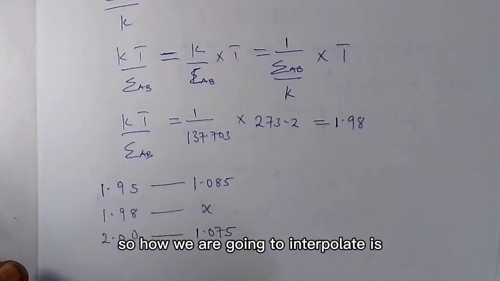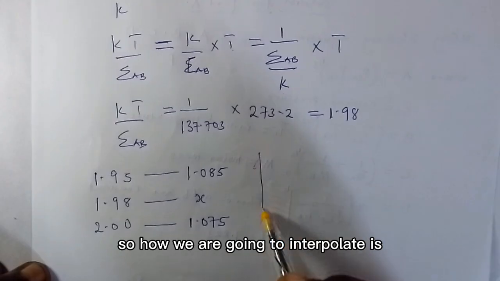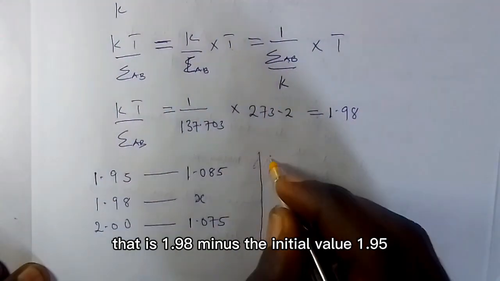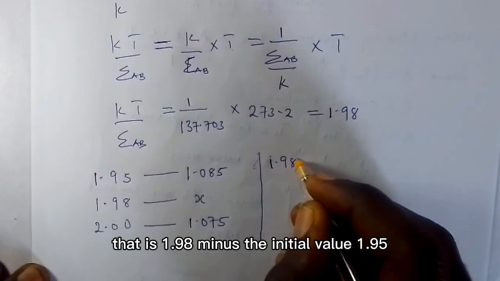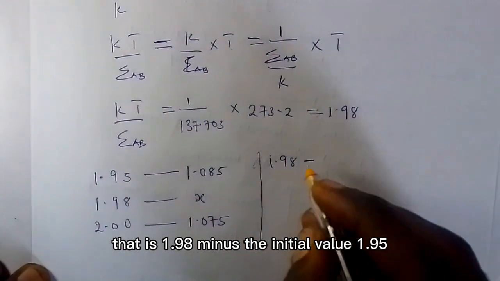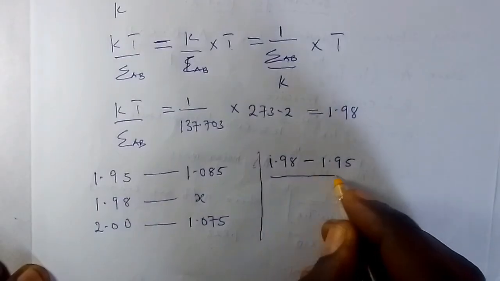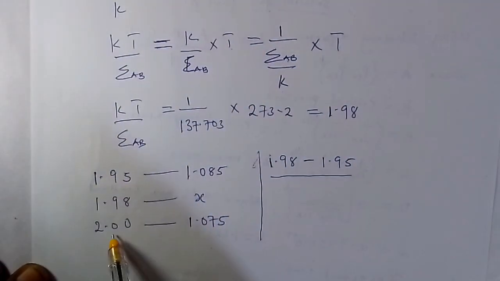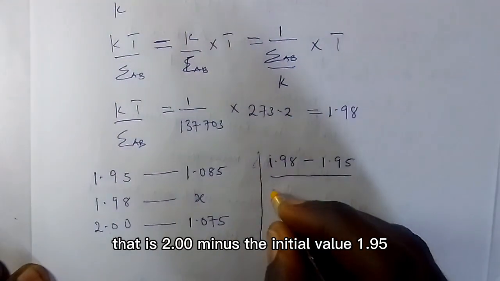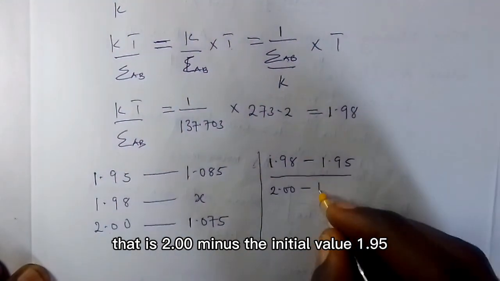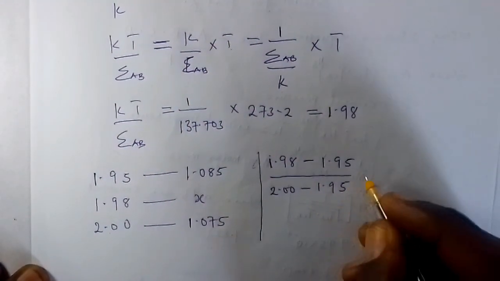So how we are going to interpolate is, subtract this from this, that is 1.98 minus the initial value 1.95, divided by the final value, that is 2.00, minus the initial value 1.95.